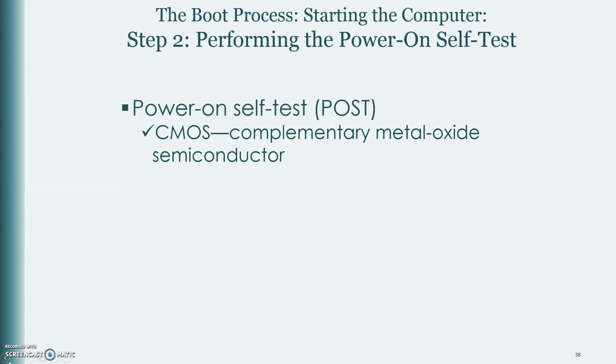CMOS contains information about the system's memory, the types of disk drives, and other essential input and output hardware components. If the results of the power on self-test match up with the hardware configurations stored in CMOS, the boot process continues on to step 3.